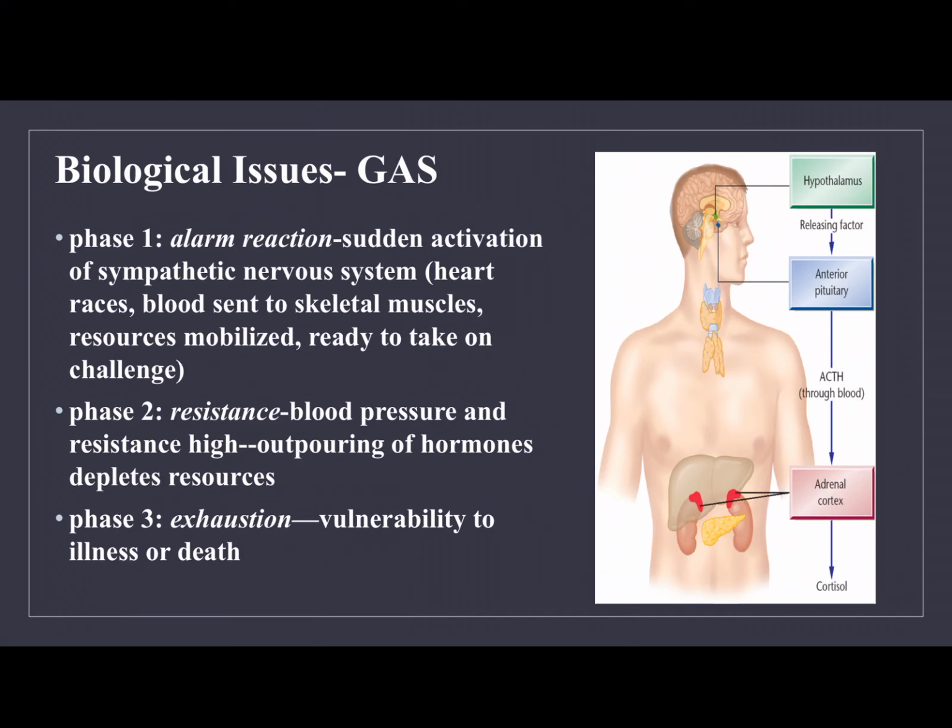But because your body's in that fight or flight response for an extended period of time, your blood pressure's been high for a long time. Your stress hormones have been released into your blood supply and you're reaching the limits of what your body has. And so you're almost running out of those stress hormones that allow for this fight or flight response to continue. Which means once you run out of those stress hormones, you're in the exhaustion phase.